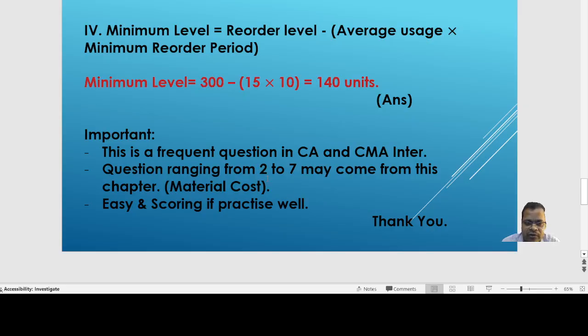So in material cost, EOQ, reorder level, maximum level and minimum level form a very scoring chapter. This is a very scoring question which frequently comes. Students should practice it well for scoring good marks in the inter and the final exam.